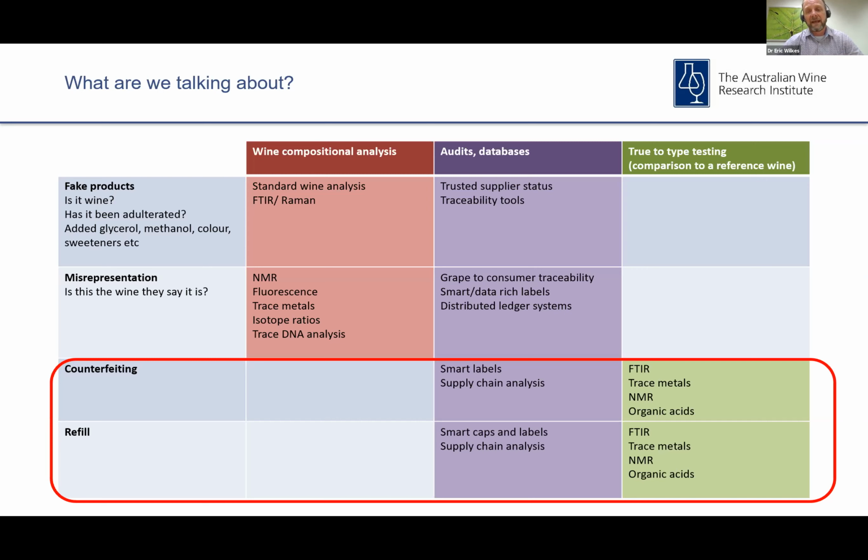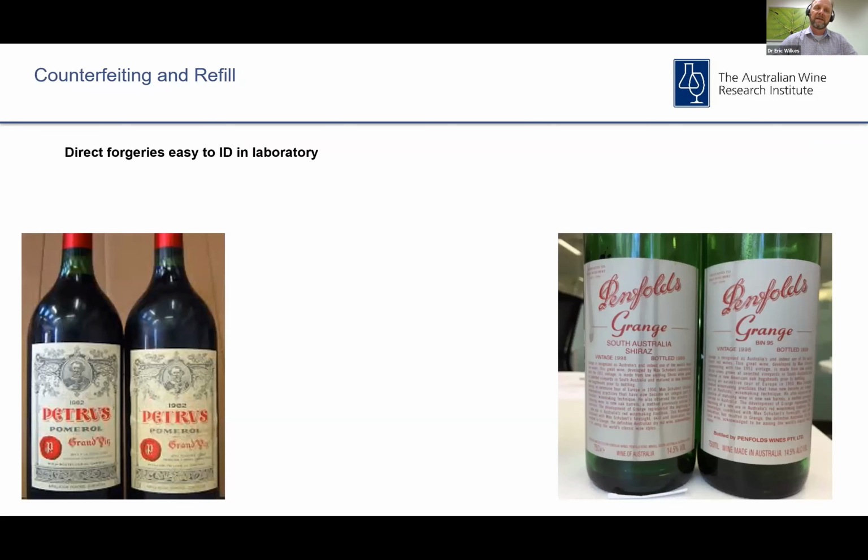And when it's in the lab, it's actually very easy for us to identify when there's a counterfeit wine there, as long as we have a reference sample, which most wineries would have. So I said just very blatantly that counterfeiting and refill is easy to identify. And honestly, if we have a reference bottle, direct forgeries are very easy to identify in the lab.